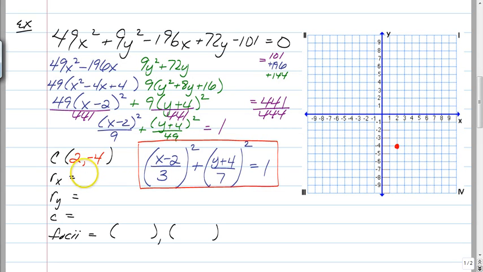So we have a radius of 3 in the x direction. So we go 3 to the right, and we go 3 to the left. But then our y radius is 7. So we're going to go 7 up, and then 7 down, which puts us a little bit off the graph. And this is our ellipse.